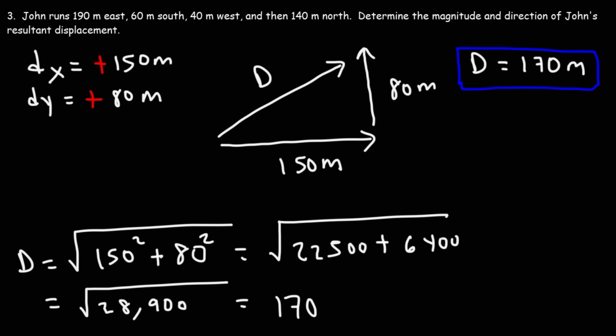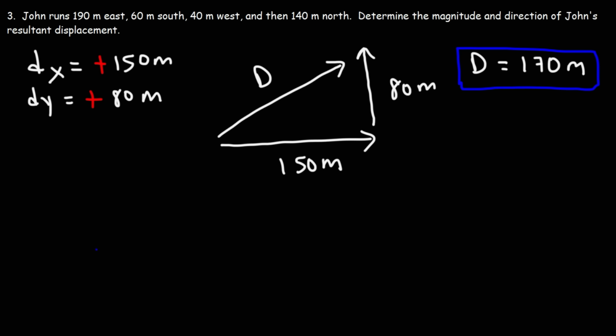Now let's get the direction. So let's calculate the reference angle. It's going to be arctangent, or inverse tangent, of the y component, which is 80, divided by the x component, 150.